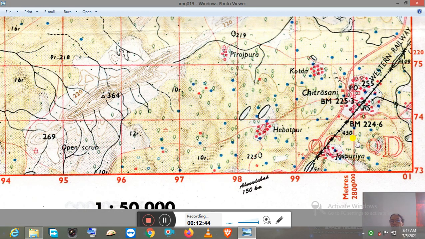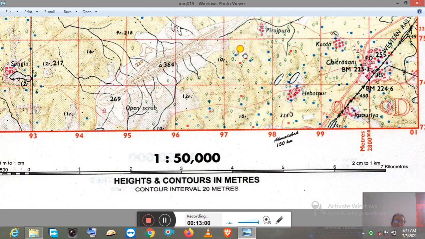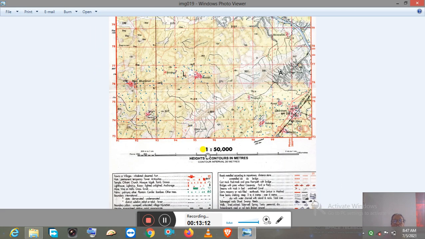This is also a particular height, which is 224.6 meters above sea level. Always remember, heights and contours are in meters. Whatever heights are indicated in the topographical map, they are shown in meters. Remember, it is written just below the graphic scale or linear scale.